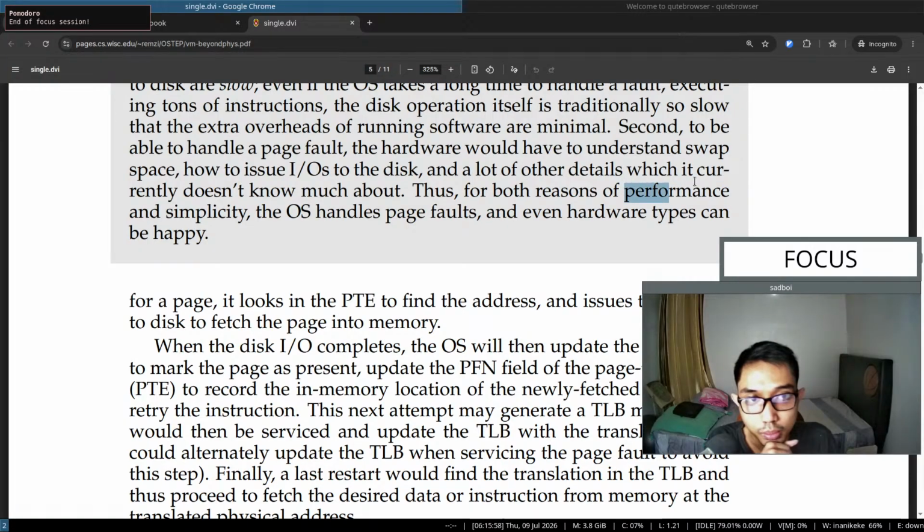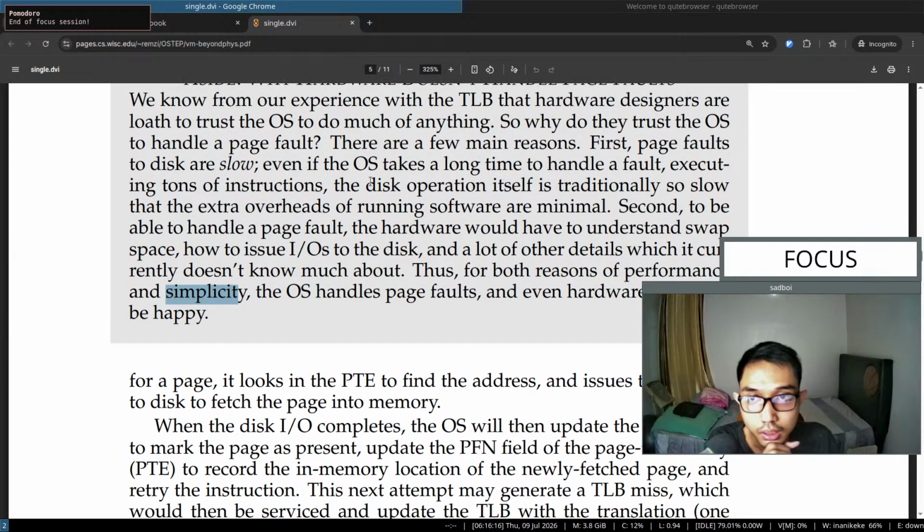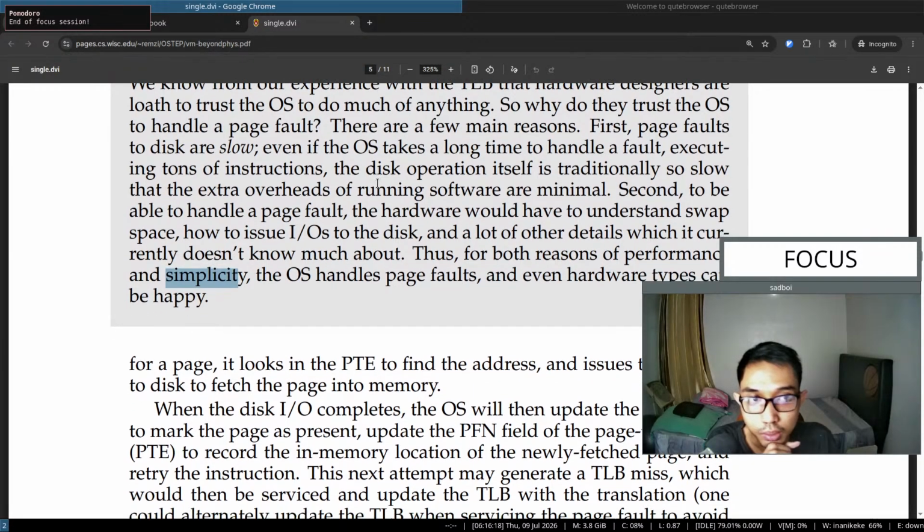Does it have a performance impact if we let the operating system handle the page fault or not? I understand about the simplicity, like to keep things simple.